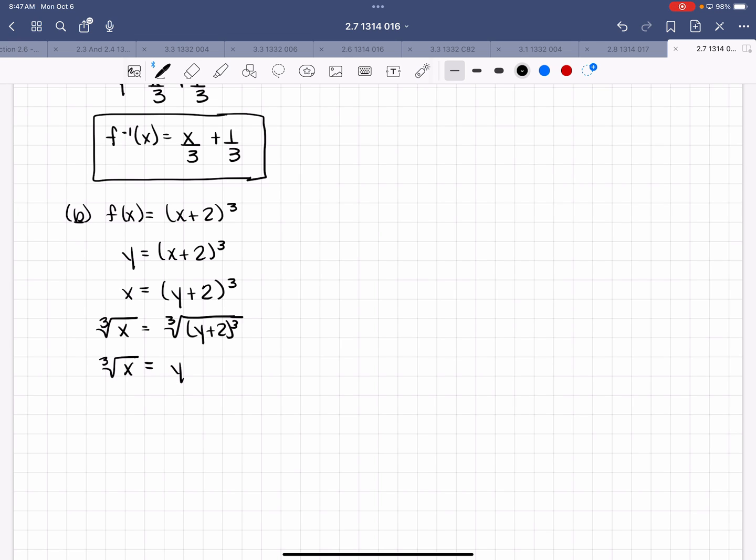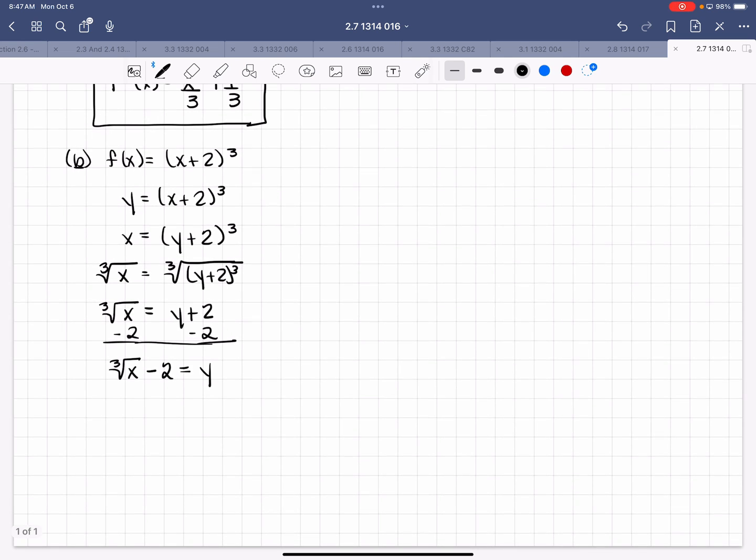That's going to give me y plus 2. I'm going to subtract 2 from both sides. That's going to give me cube root of x minus 2 equals y. Okay, you're good to go. Now you're ready to switch that new y back to the inverse of f of x. So inverse of f of x is going to equal the cube root of x minus 2.